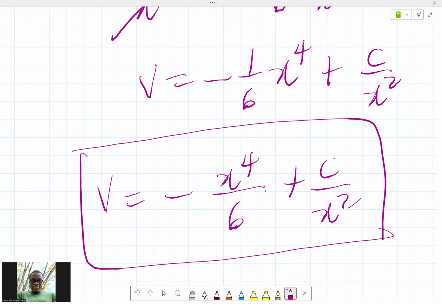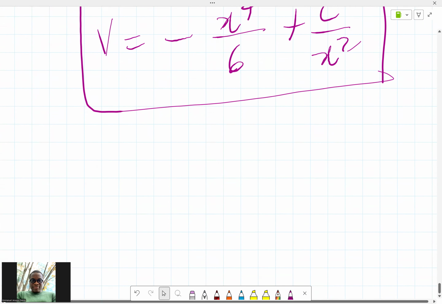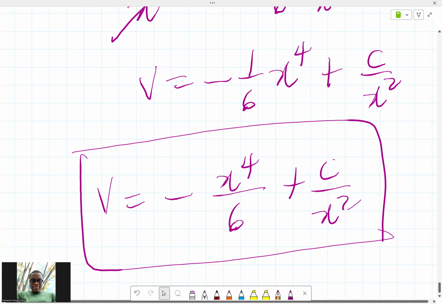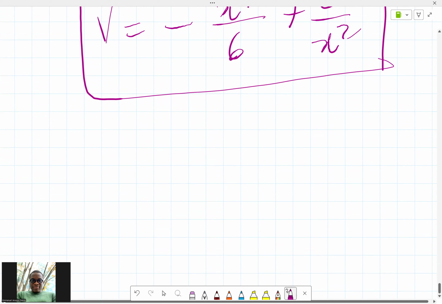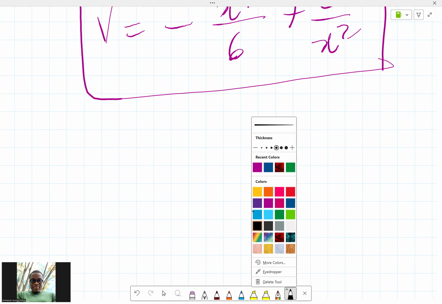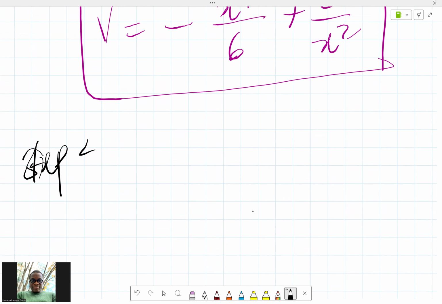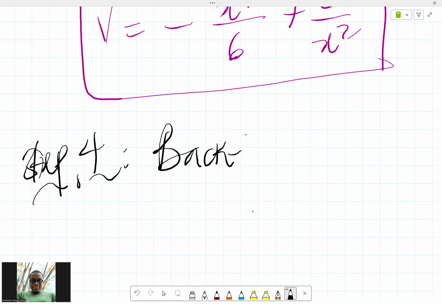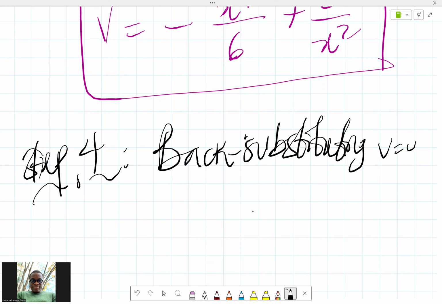But we did not start with v, right? So we have to go back to the beginning where we got that v from. So step 4, we now do back substitution, substituting v for y to the power minus 1.